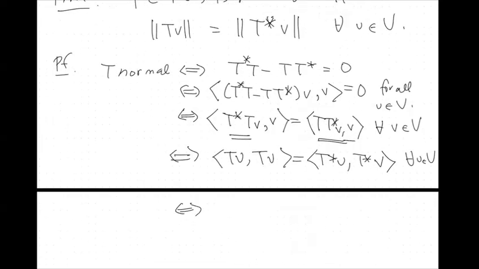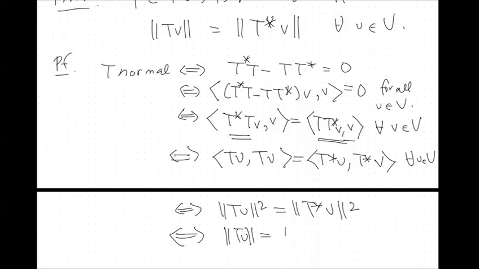This means that the norm of T(v) squared is equal to the norm of T star (v) squared. Of course, this is only true when the norm of T(v) is equal to the norm of T star (v) for all v in the vector space V. So this statement here is true, by self-adjointness.